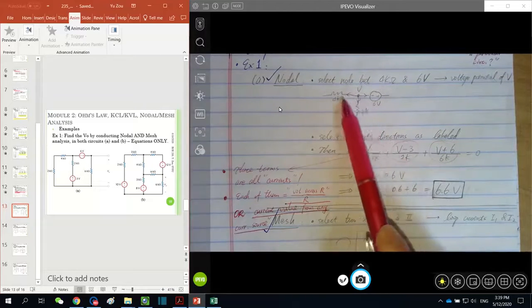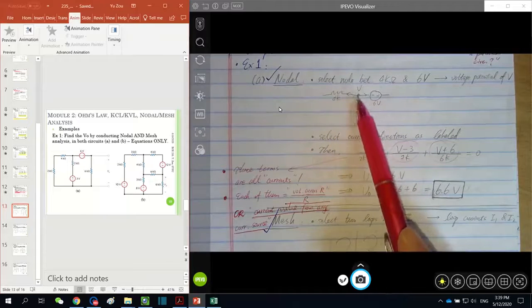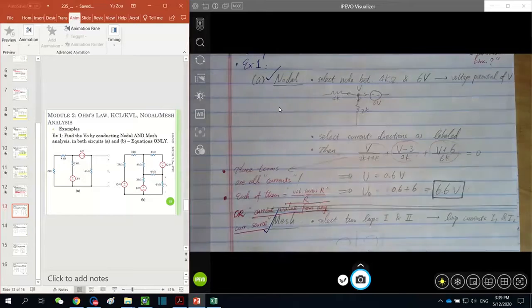So how to write the current that flows through 4K from right towards left? From the circuit, we can tell we have this voltage V minus the corner node voltage, divided by 4 kilo ohm, as by Ohm's law equals the current flowing through 4 kilo ohm towards the left. However, if you recall the previous slide again, we don't want to use the corner node. So instead of using the corner node, we directly use V and the ground 0 volts.